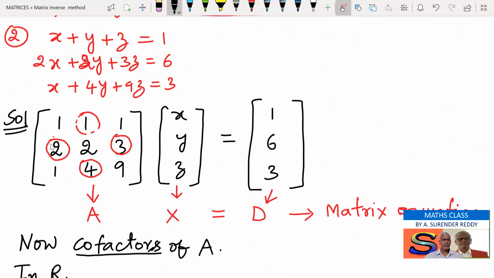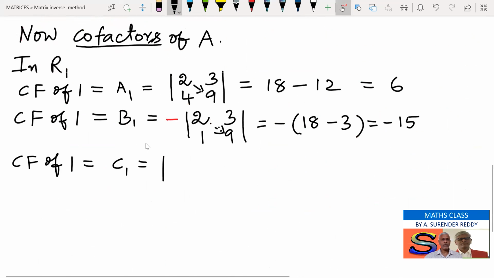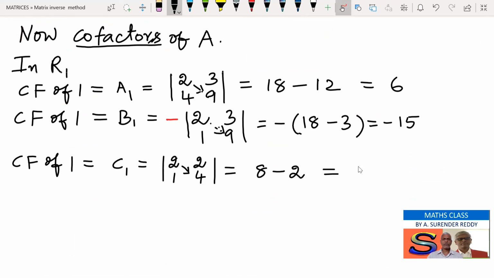Take the remaining 4 elements, 2, 2, 1, 4. The determinant is 2 4s are 8, 2 1s are 2, 8 minus 2, 6. That completes R1.